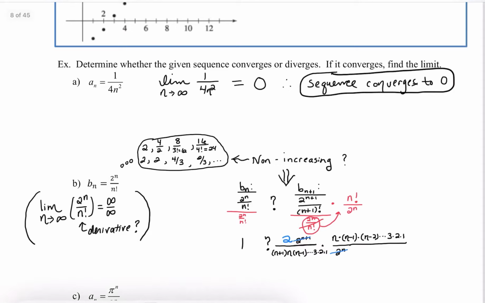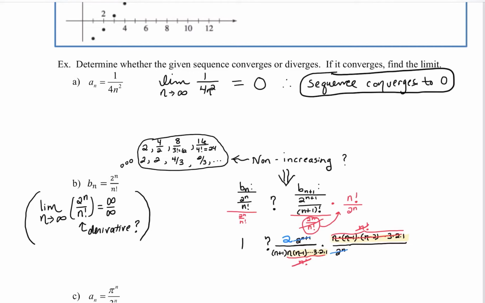What you really have here is n plus 1 times n factorial. So n plus 1 factorial is really n plus 1 times n factorial. That will be a little fun fact that you'll start to observe as the chapter moves on.